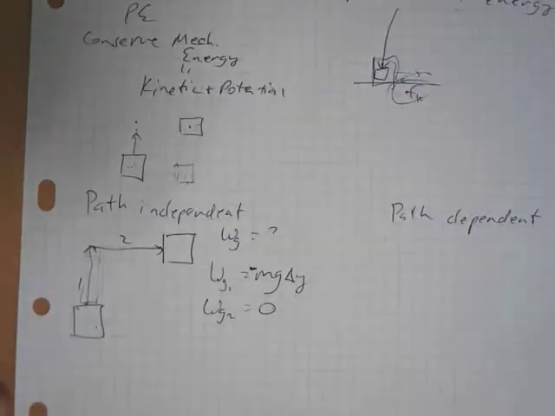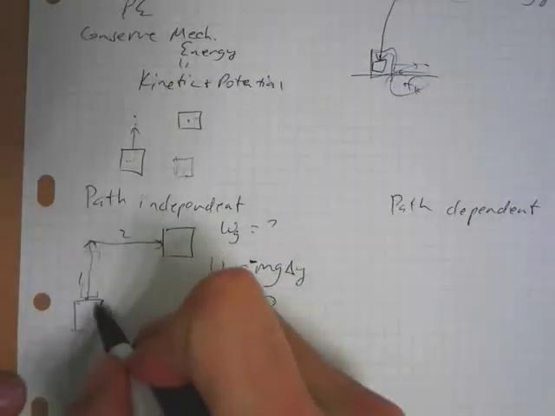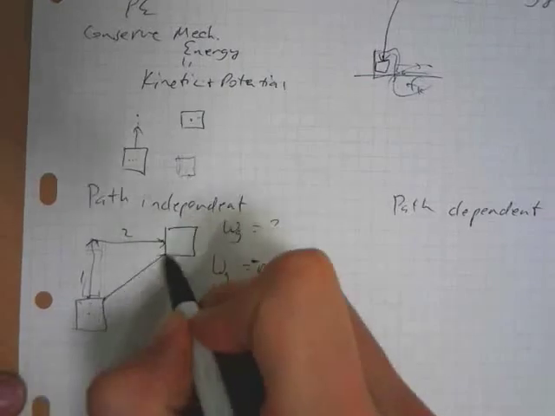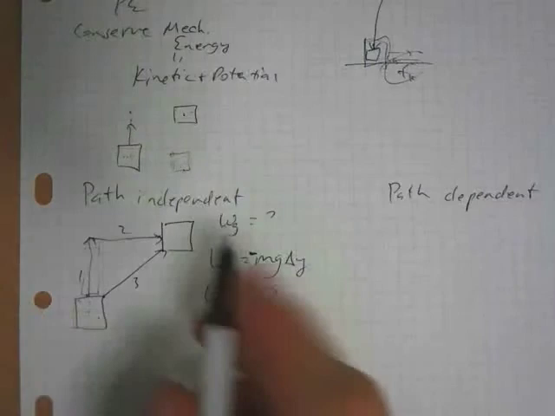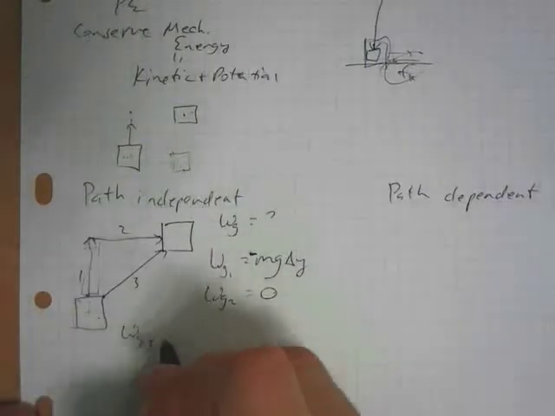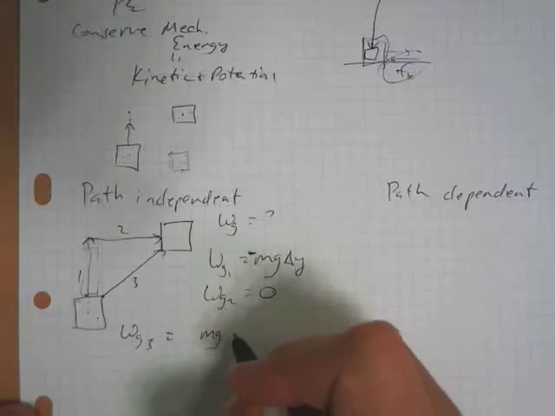Now let's say we go from here to there, straight line, going that way. The work done by gravity on path 3 is equal to the force of gravity times the cosine of the angle between them.